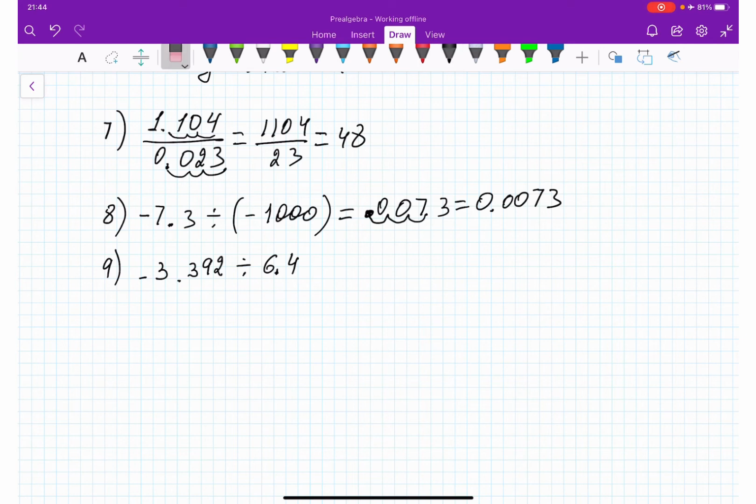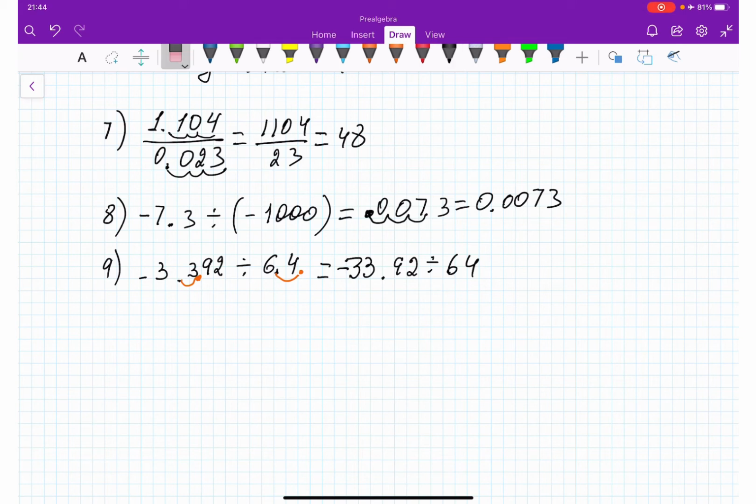To avoid the decimal notation. So moving by 1 position here will give me 64, which means here also I'm moving by 1 position, which will give me negative 33.92. So let me rewrite it clean. Negative 33.92 divided by 64. As long as this number doesn't have decimal notation, we are good.